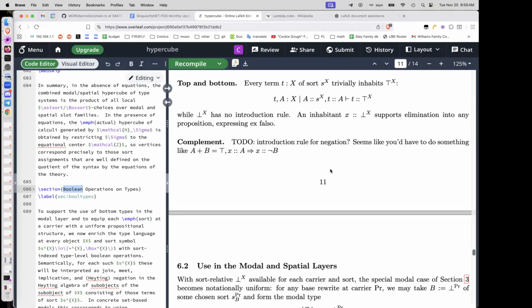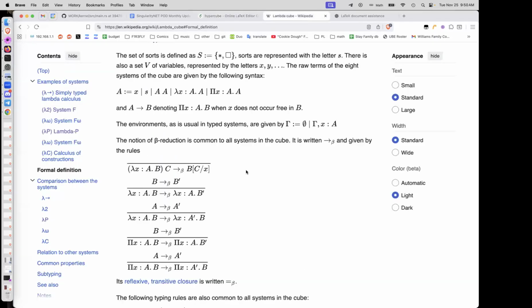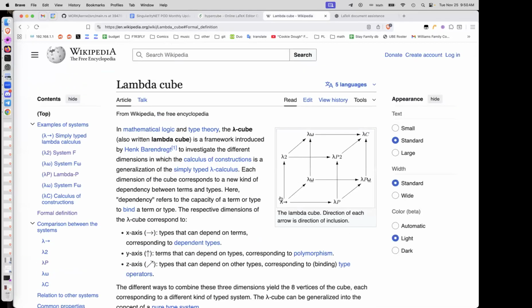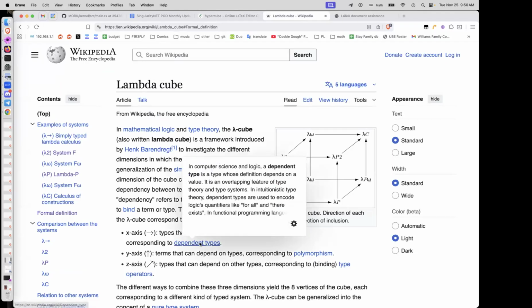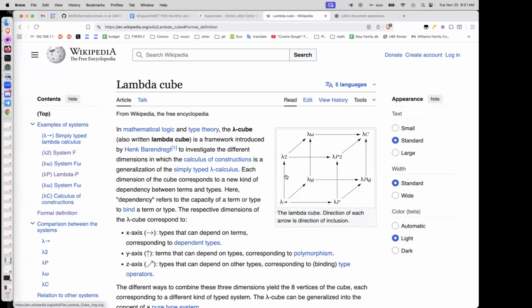a terminology question. The reason you call that hypercube is because you have multiple axes, not just a cube. See how we've got these three axes for dependent types, polymorphism, type operators.